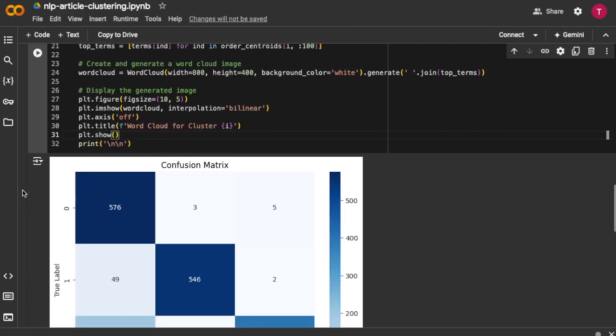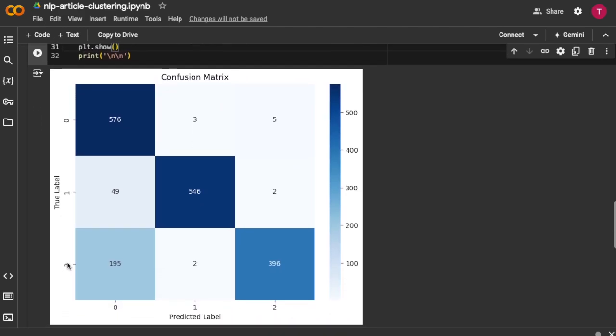So when you look at a confusion matrix, you're looking at the true label of the article on one axis and the predicted label on the other axis. And what we want to see is that the predicted label matches our true label, the actual label. Typically, in a successfully trained model, you should see the majority of your predictions fall along the diagonal, meaning that if the true label was 0, we expect the predicted label to be 0.